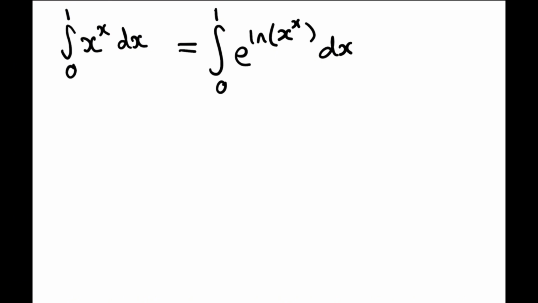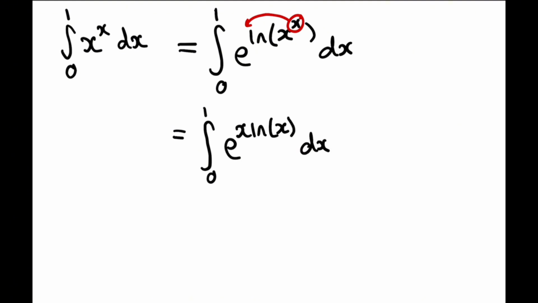Now, using the laws of logs, we can bring this x in the power of the ln out to the front of the ln. So that becomes the integral from 0 to 1 of e to the power of x ln x dx, like so.